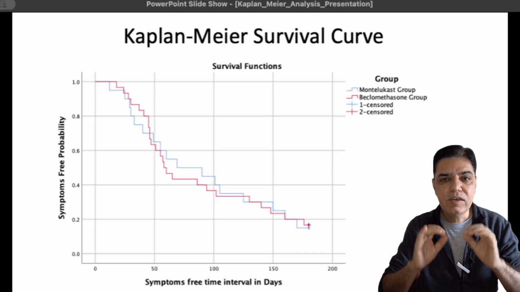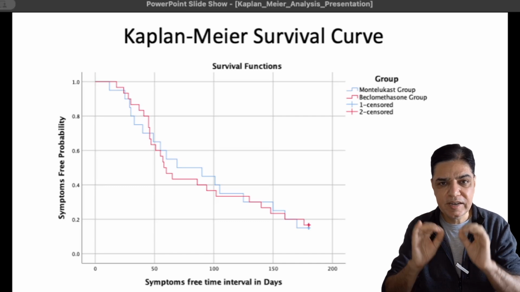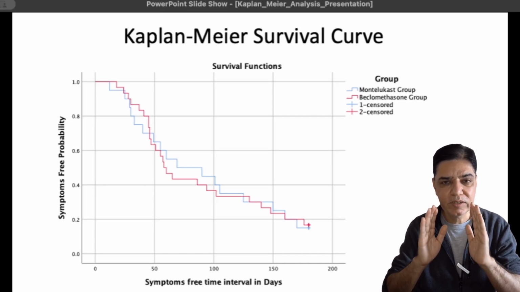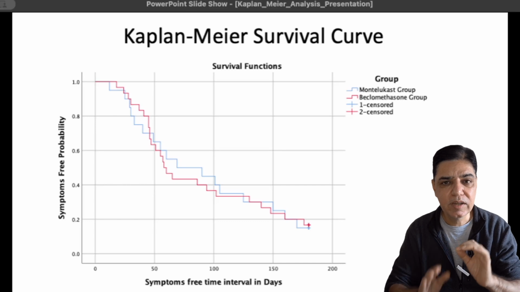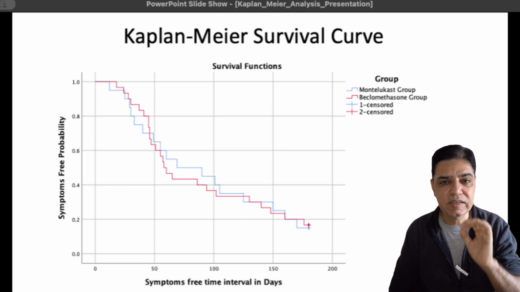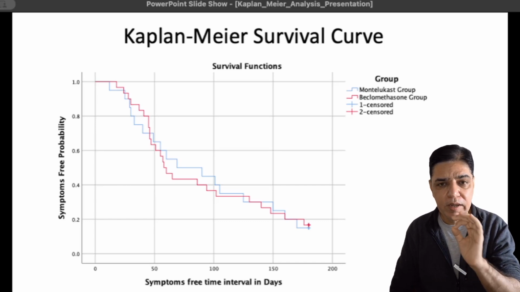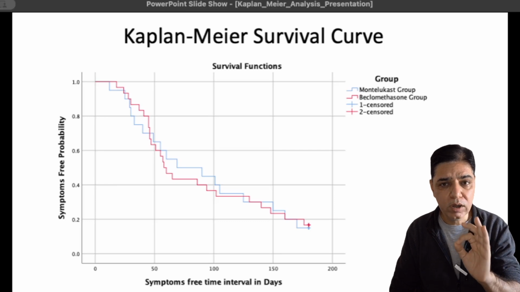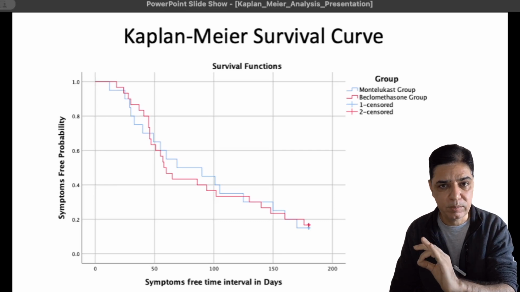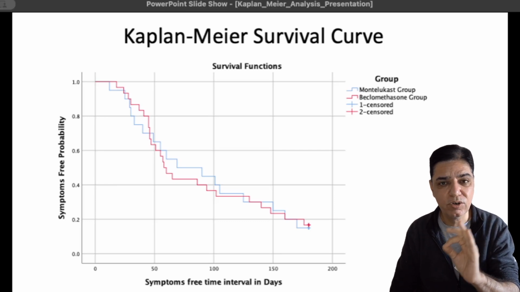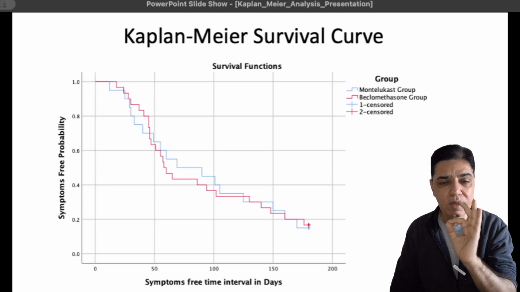But if we run a statistical analysis on this, remember, when we have a Kaplan Meier survival curve, the best statistical method is a log rank test. A log rank test. Remember, we don't do a t-test or an ANOVA, we do a log rank test.